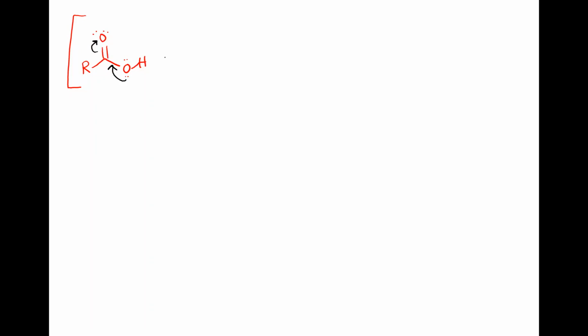So if we do the allylic lone pair pattern, we can draw this contributor, which shows that the oxygen on top is actually much more negatively charged than the oxygen on the bottom.